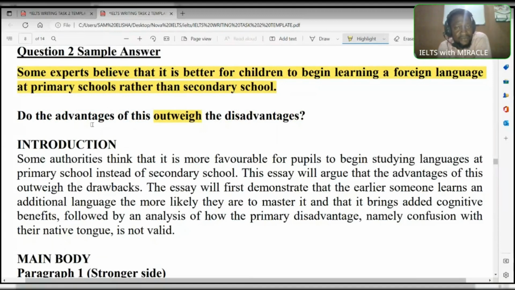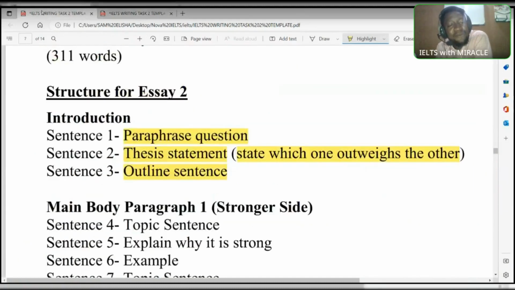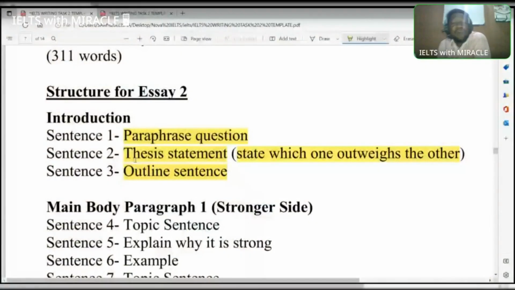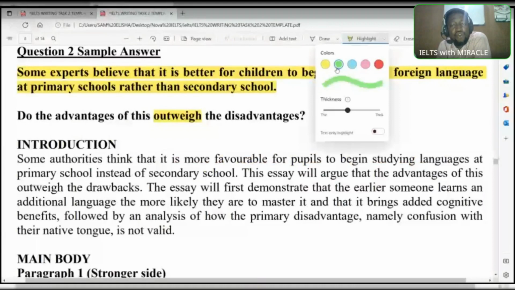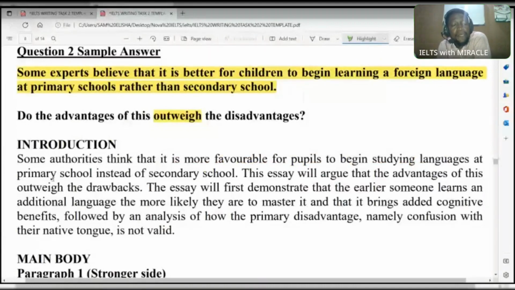Right? So let us quickly look at the formula. First we paraphrase the question, then we state our thesis, which is the thesis statement, and then we have our outline sentence. Now, looking at the introduction, the part in green here is our paraphrase.